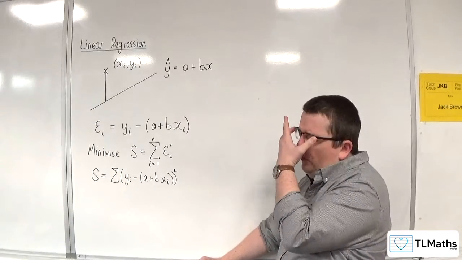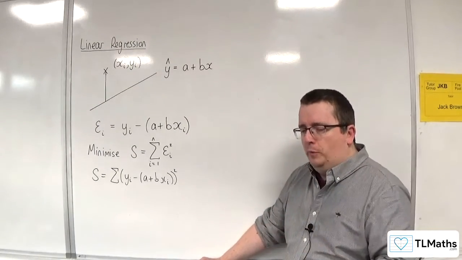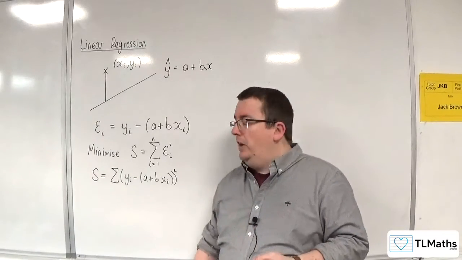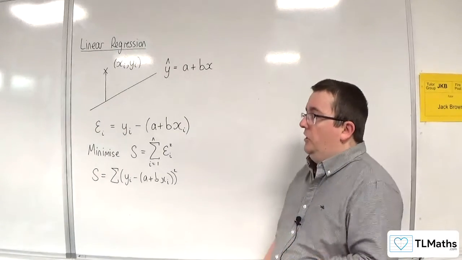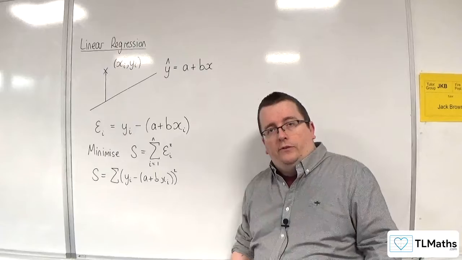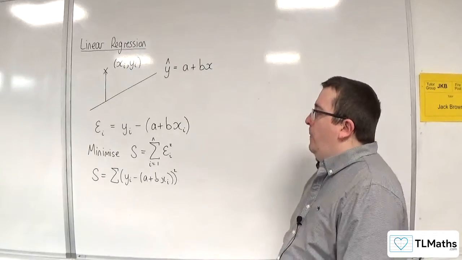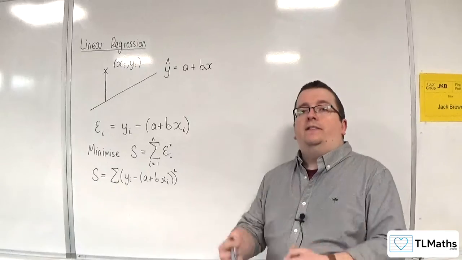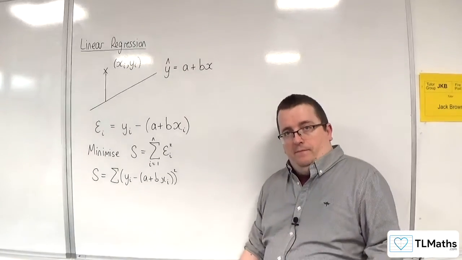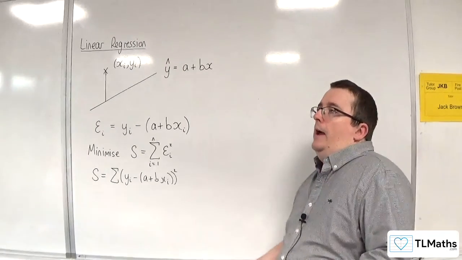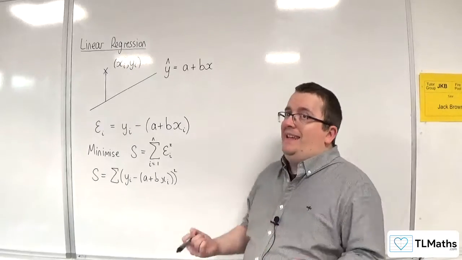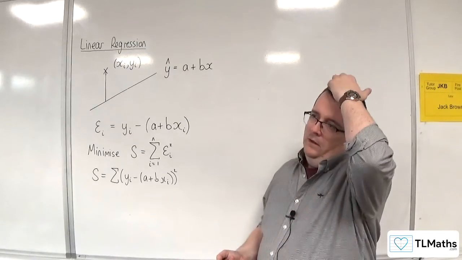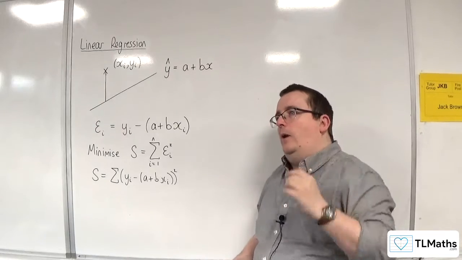Now, because I'm looking at two variables here, A and B, and I want to get them in terms of x's and y's, essentially I'm going to need to differentiate with respect to A and differentiate with respect to B. Now, you could write that as dS by dA and dS by dB, and do it that way.